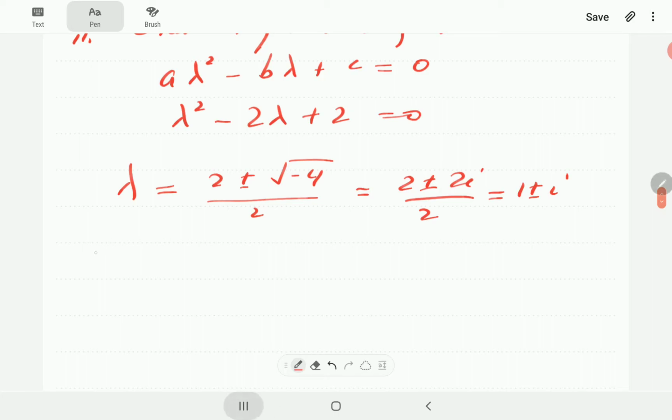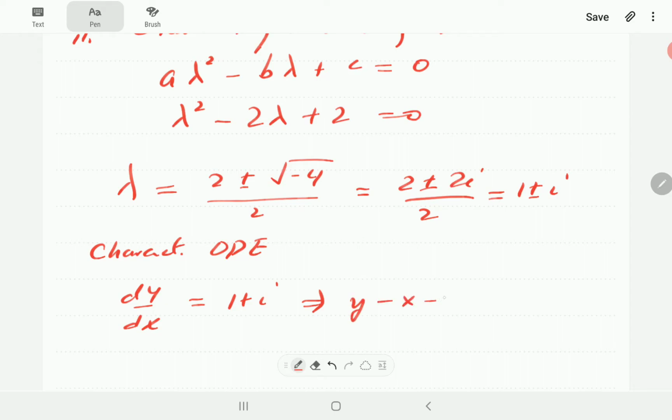So the two characteristic ODEs will be given by one of them is going to be dy/dx equal to 1 plus i. So from this, if we integrate, we find that y minus x minus ix is c1.